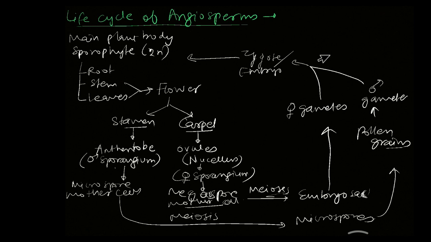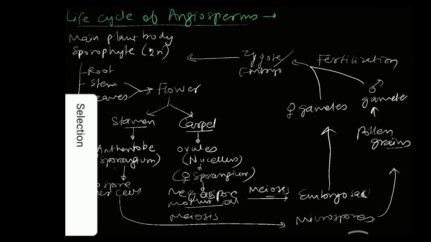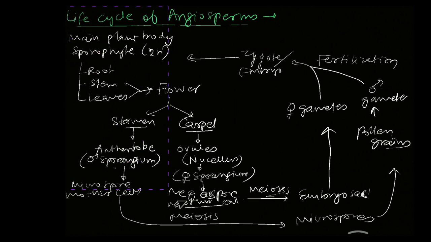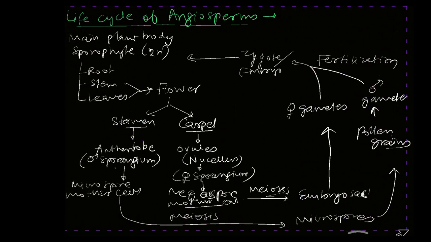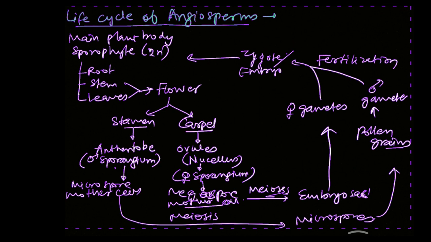So this fusion is known as fertilization. Okay, friends, so this is the life cycle of angiosperm. So we discussed the life cycles of bryophytes, pteridophytes, and angiosperms. Now we are talking about the comparison between all three life cycles.